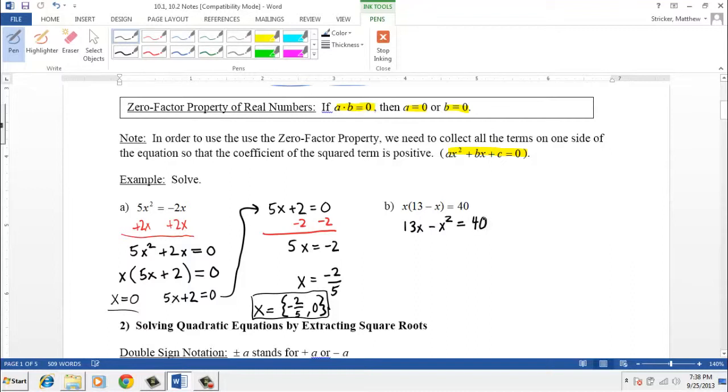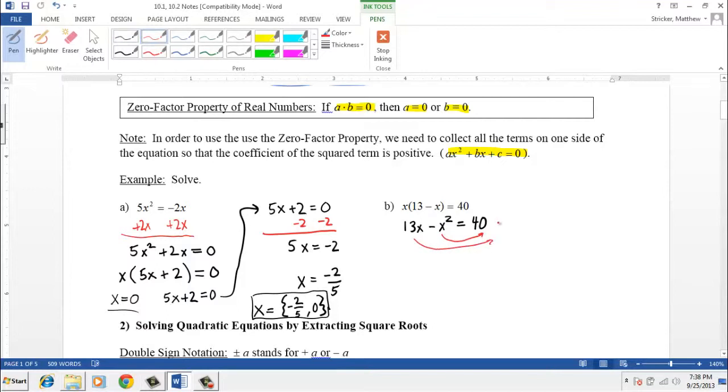Equals 40. Okay. Now notice here, in its current form, we have stuff on both sides, but also the x squared is negative. We would prefer it to be positive because it makes the factoring process a whole lot easier. So I'm going to go ahead and move all this stuff over to this side.